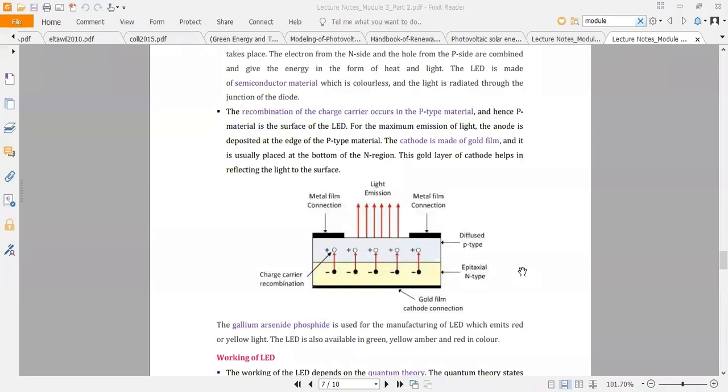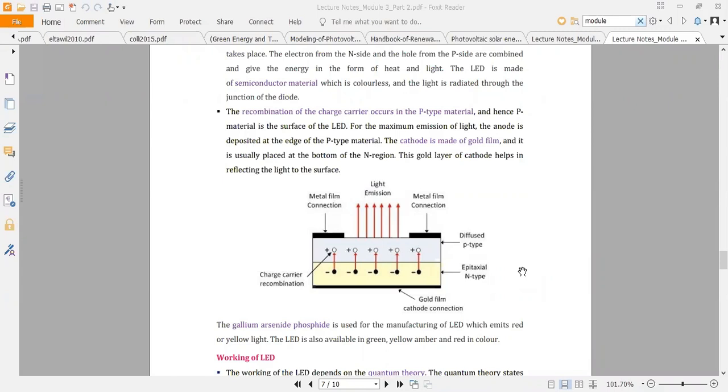For the manufacturing of LED, we are using gallium arsenide phosphide, and this will emit red or yellow color of light.